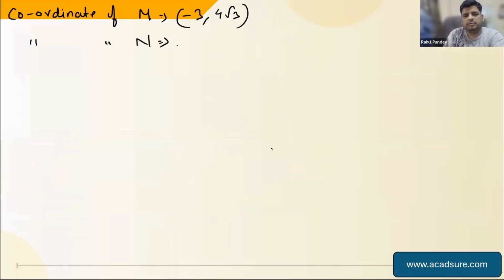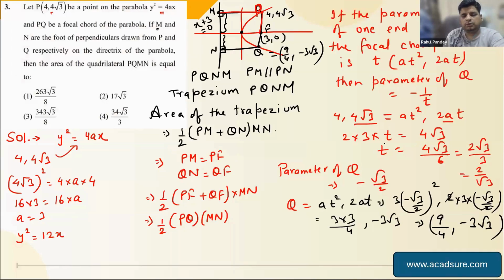So it will be (-3, -3√3). So we have got all the four points P, Q, M and N.